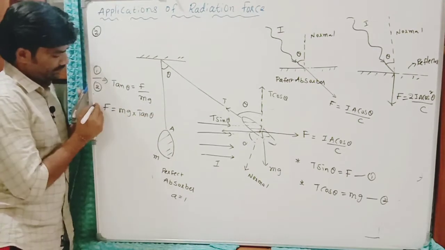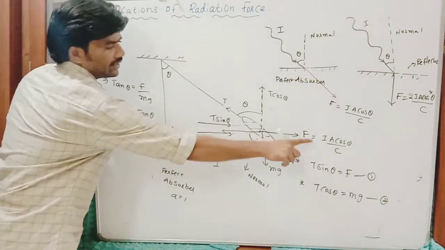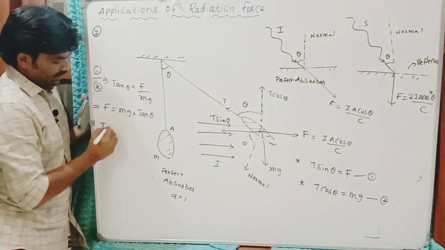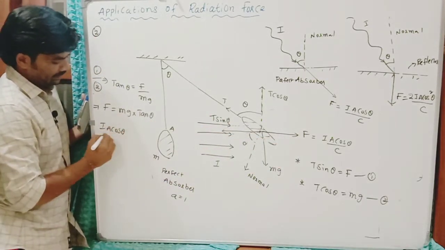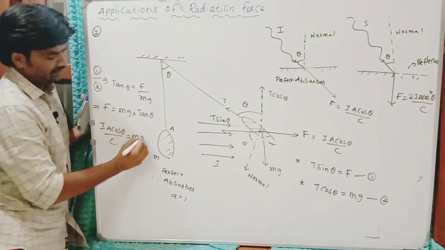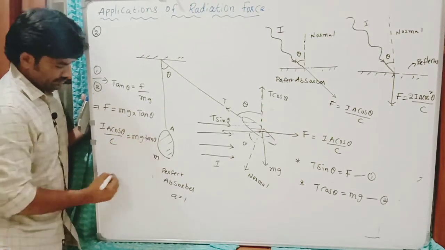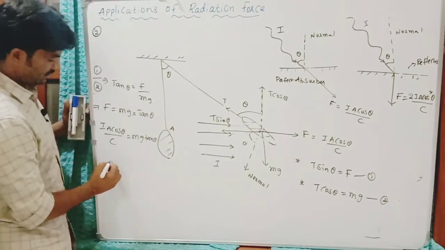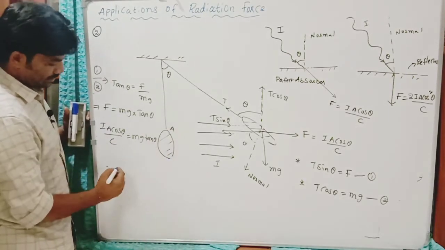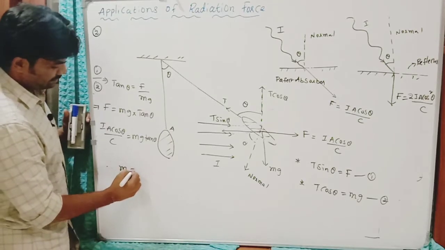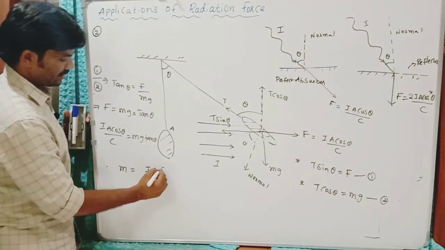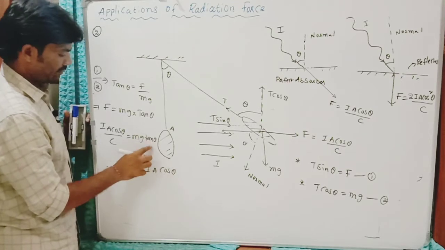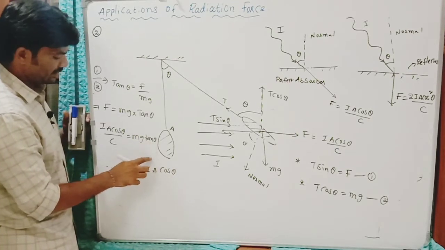But what is F? Already we have written here, IA cos theta by C equals mg tan theta. So from this, the mass of this absorber object is IA cos theta by g c, and you can write tan theta as sin theta by cos theta.